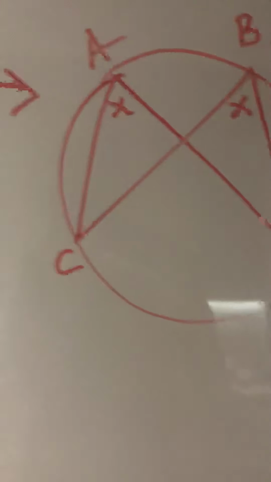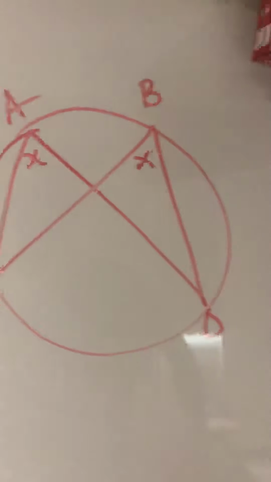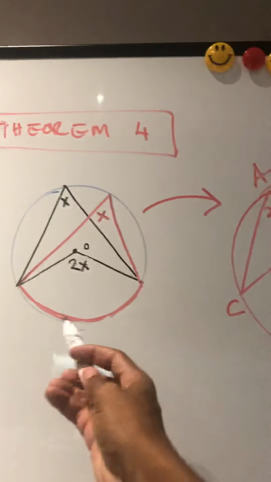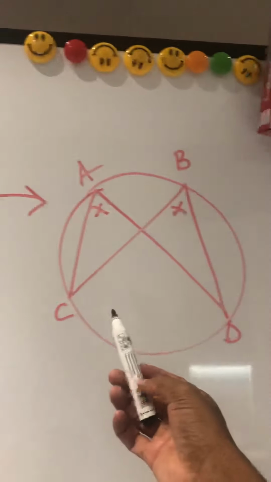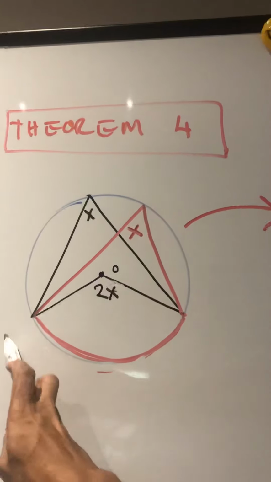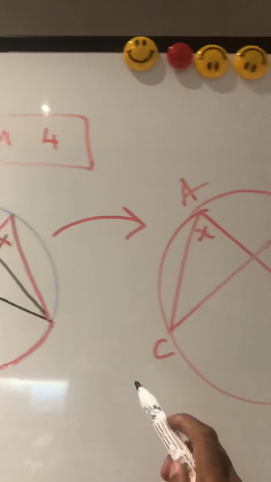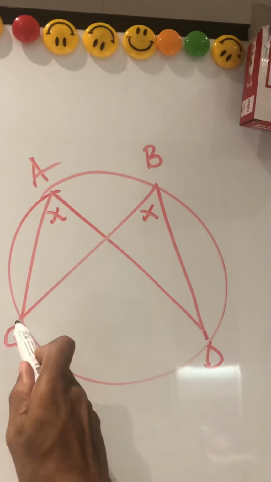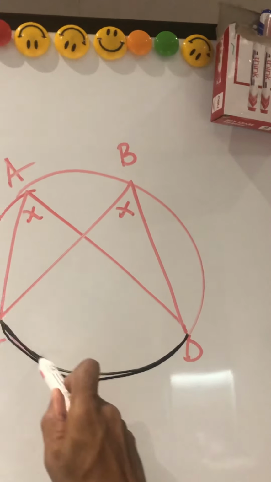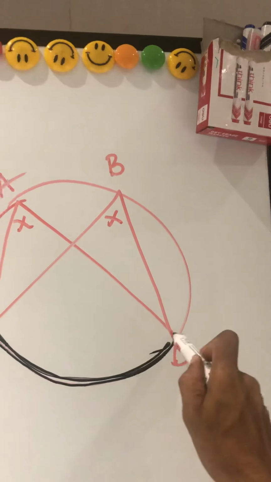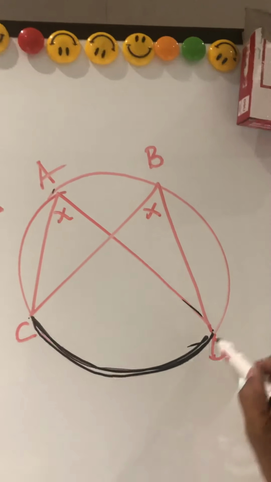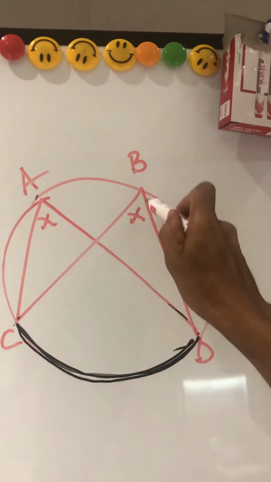But then how can we formulate this theorem I'm talking about now? Listen to me carefully. We know that from here, it is true. So that means if we take out the center here, one thing that will remain is the arc. So we can therefore say the angles from the same arc, from that arc, you can create that angle. From that same arc, we can create that angle.